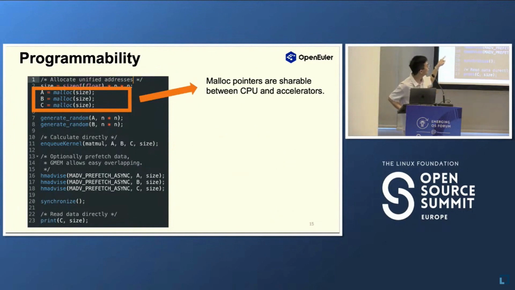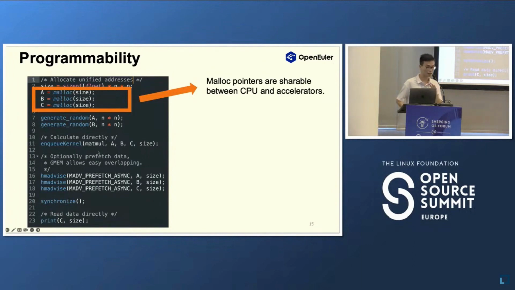Secondly, if you look at the two generate random statements, they generate some random numbers inside buffers A and B using the CPU. Then after these two statements, we have this statement named InQ kernel, where we launch an accelerator kernel to calculate the matrix multiplication between A and B, writing the results to buffer C. And it can be done directly.